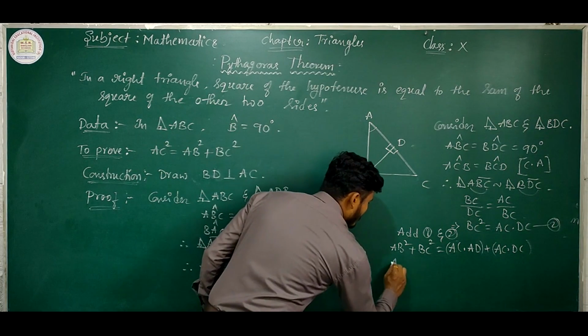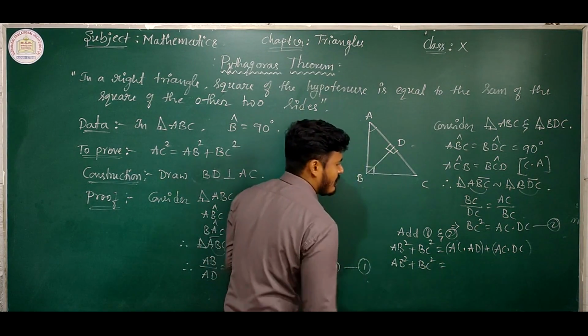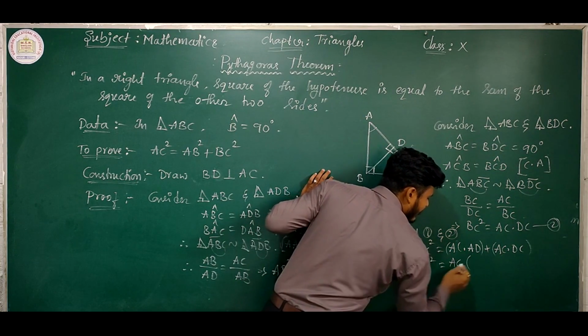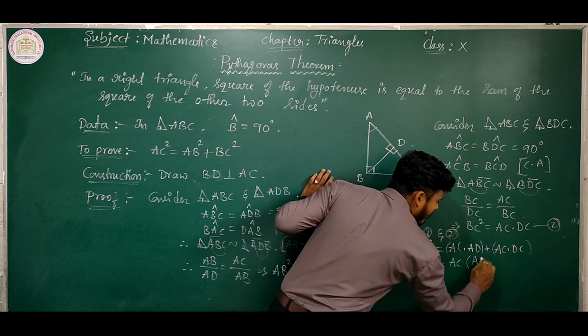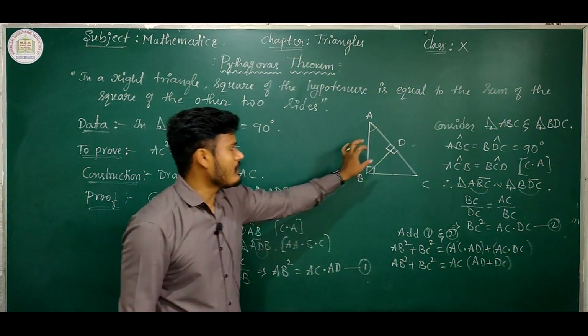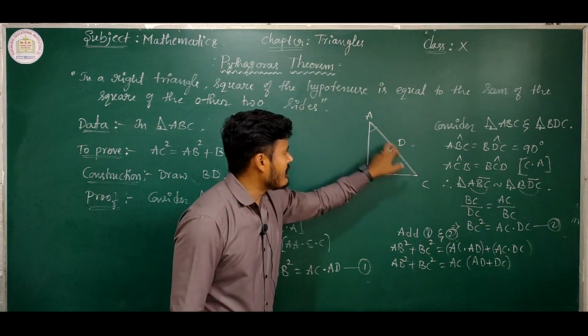So now write down AB square plus BC square as it is, which is equal to, you just take AC as common factor. Now we get AC into AD plus DC. You just observe here, AD plus DC, when you add these two, you get AC.